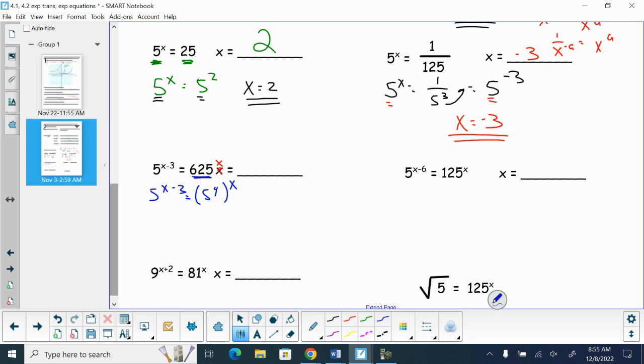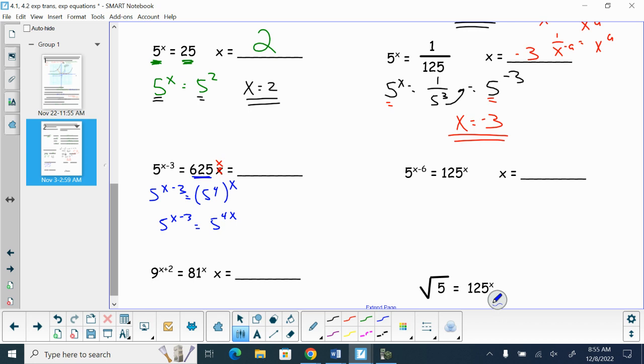When we have a power to a power, what do we do with our exponents, Brendan? Multiply them. So this gives us 5 to the x minus 3 is equal to 5 to the 4x power. When we have a power to a power, we multiply our exponents. Once again, we are kicking cowbells out from algebra.